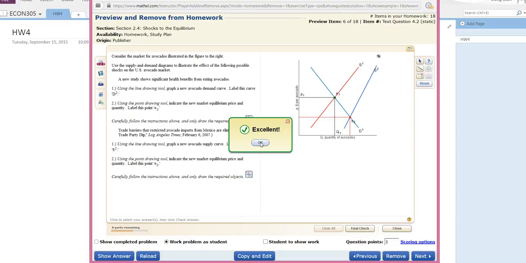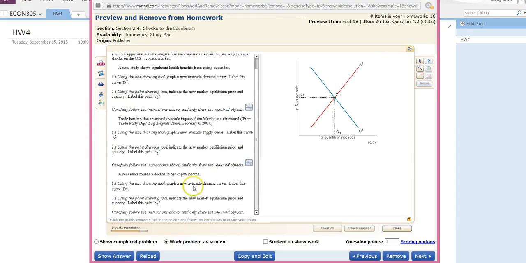So now the third scenario: a recession causes a decline in per capita income. If per capita income decreases, consumers have less money to buy goods, hence their demand for the good will decrease. So this is a demand shock, and it's a negative demand shock, hence we should expect the demand curve to shift to the left.